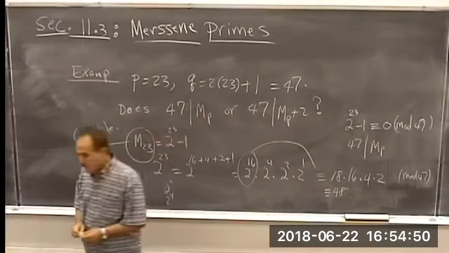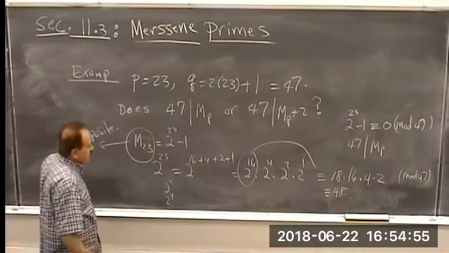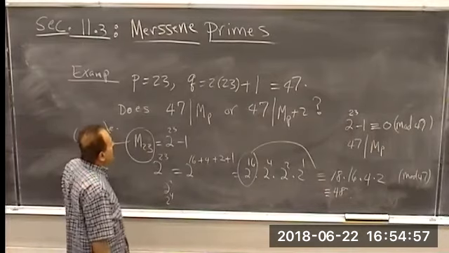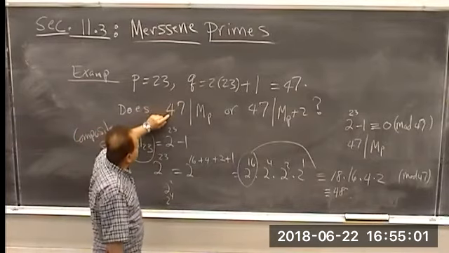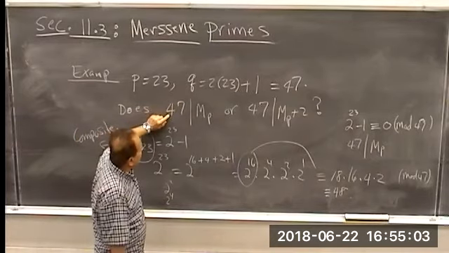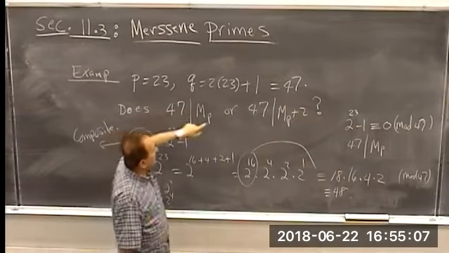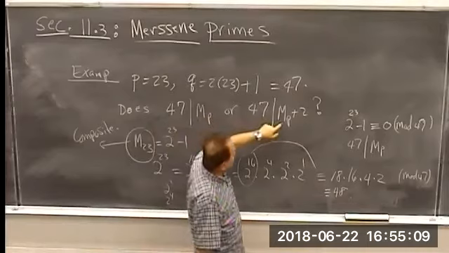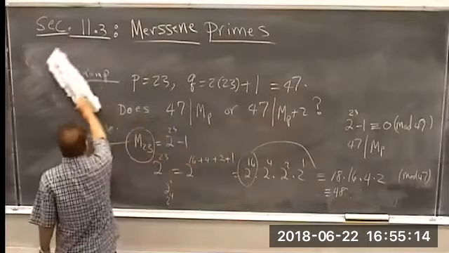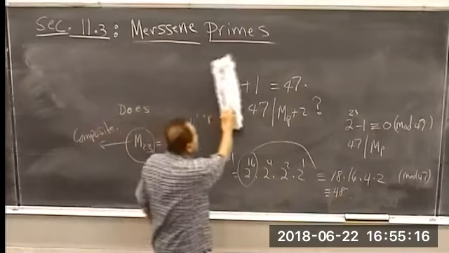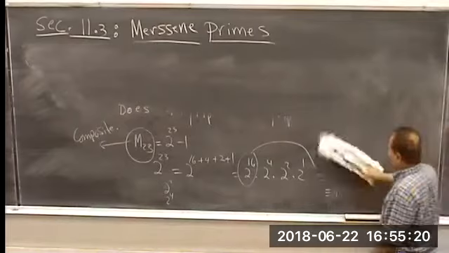All right, now we will be interested in determining under what conditions Q would actually divide M sub P or divide M sub P plus 2. In other words, are there extra conditions that we can impose on Q to come up with divisibility of one, not the other?